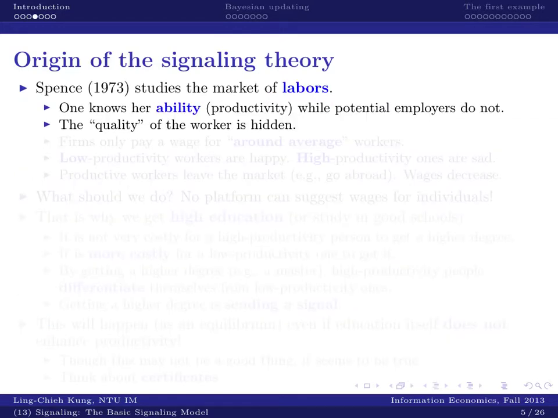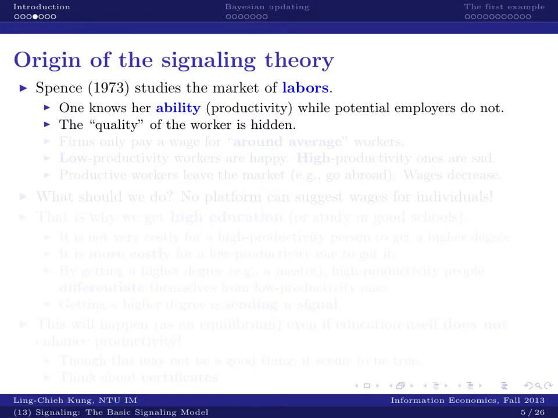Okay, so now let's see another example. This is the problem Professor Spence studied in the labor market. Consider the following case. I am a fresh graduate from a university. In that case, I know how good I am. I know my ability, or my productivity, or how smart I am.